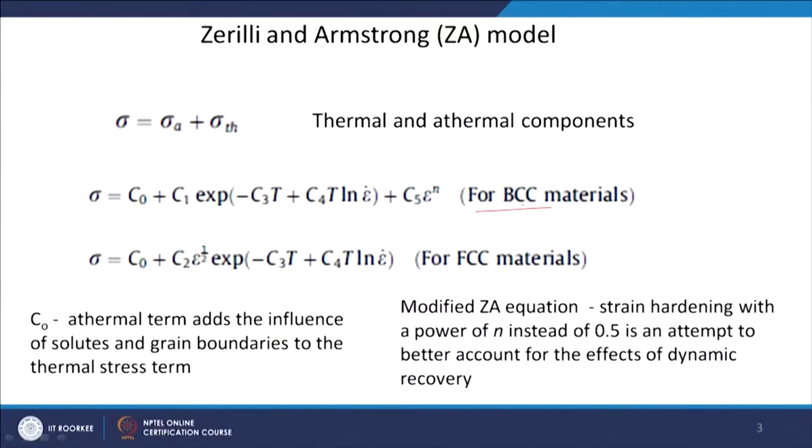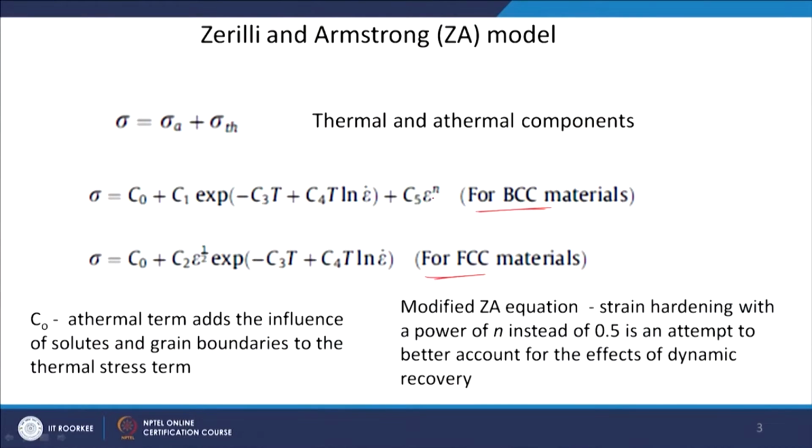You can see the two equations shown here, one for BCC material and another for FCC material. As we promised in the first lecture on constitutive equations, you will have more constants when you are dealing with physical models. The number of constants has increased.